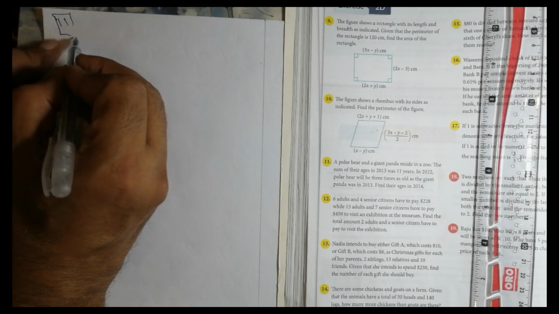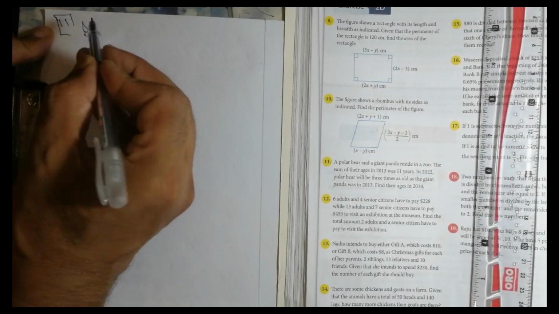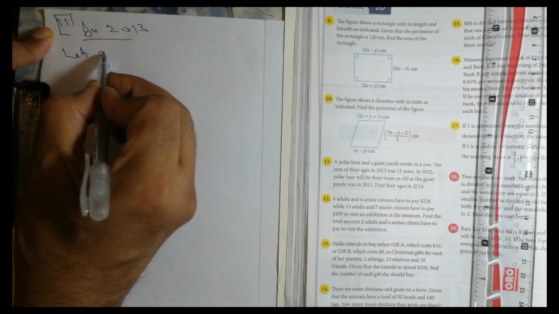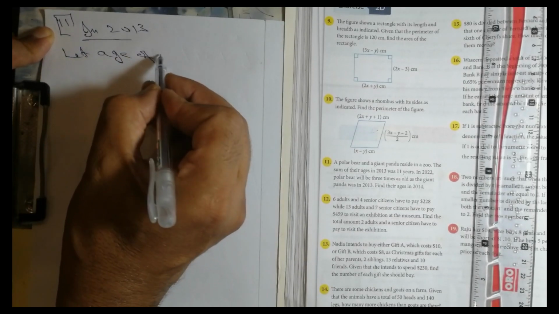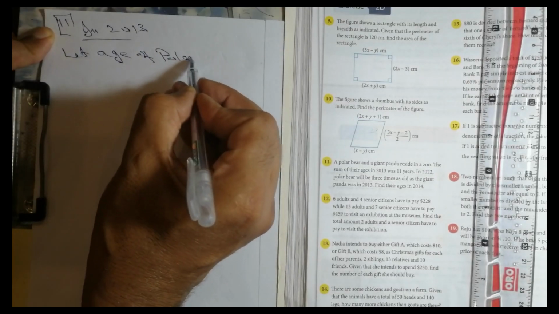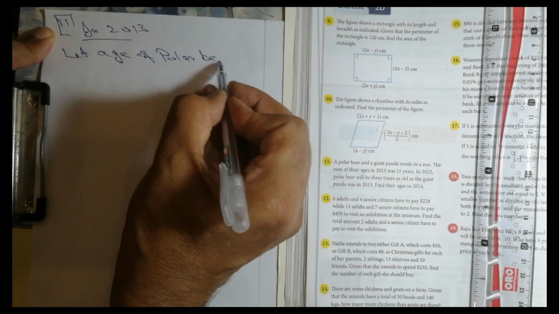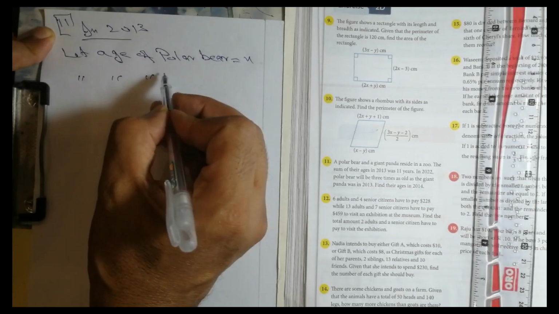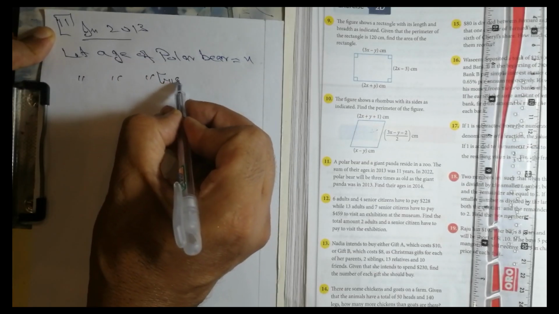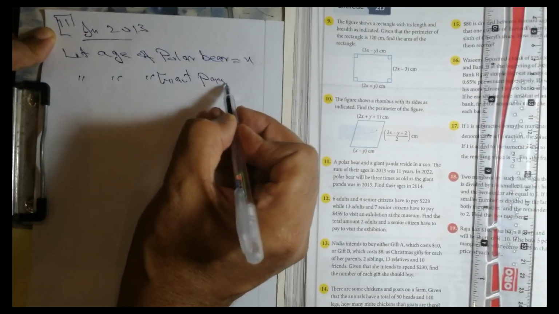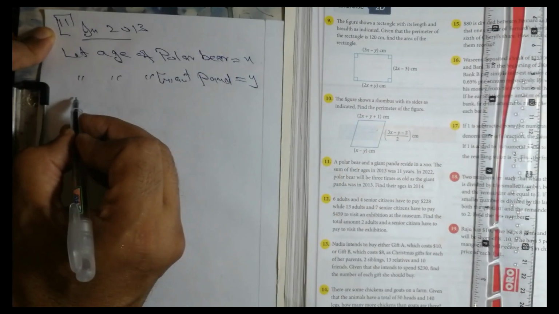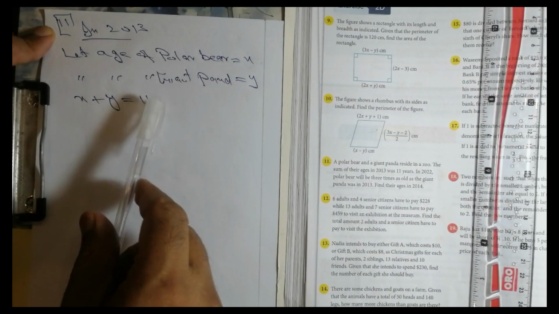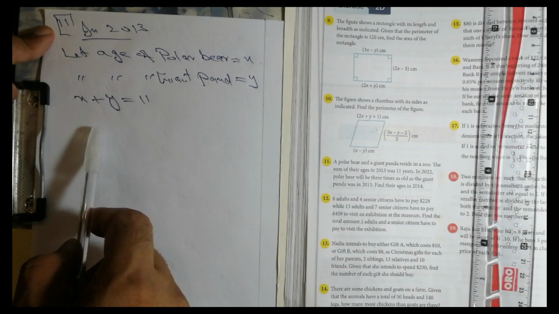So let, in 2013, age of polar bear be equal to x, and age of a giant panda be equal to y. So x plus y equals 11 years. Sum of their ages was 11 as per the condition of the question.